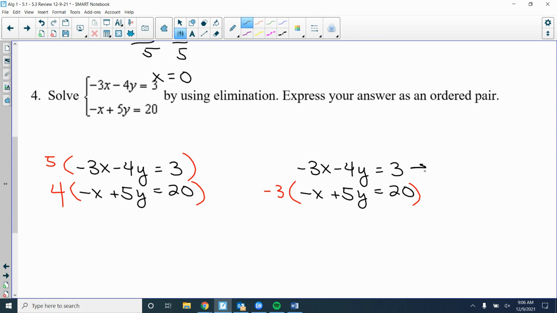So now I get negative 3x minus 4y equals 3. When I multiply by negative 3, that makes that a positive 3x. So now one's negative, one's positive. Minus 15y equals negative 60. All right, finish that to get y if you did it this way. Now you should get a constant, though, no matter which way you do it.